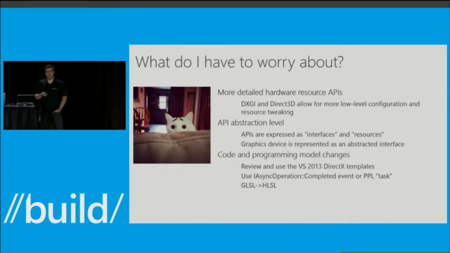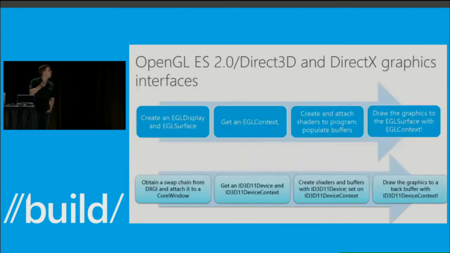And then we'll talk a little about porting GLSL to HLSL. It's easy. It's fun. You can do most of it with a macro. Very quickly, this slide, you don't even need to read the text, because I really just want to point out, you're doing the same thing between OpenGL 2.0 and DirectX 11. You're acquiring some sort of window, right? You're acquiring some sort of 2D resource that you'll provide to that window that you'll draw into.